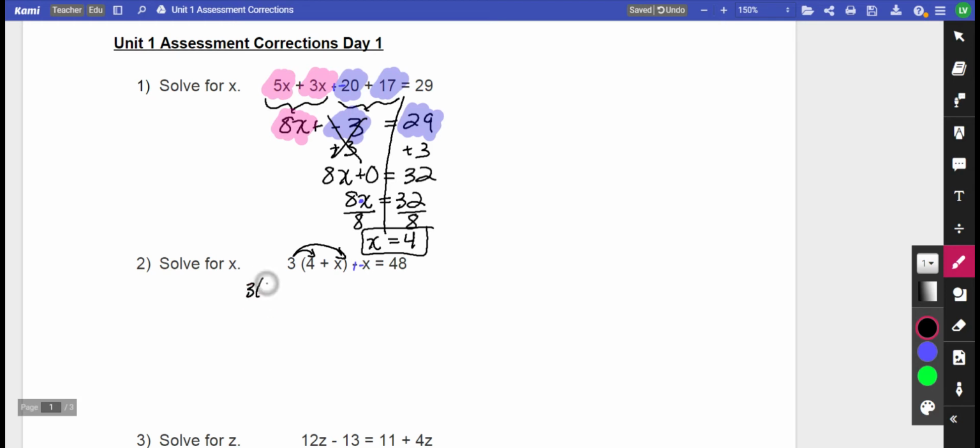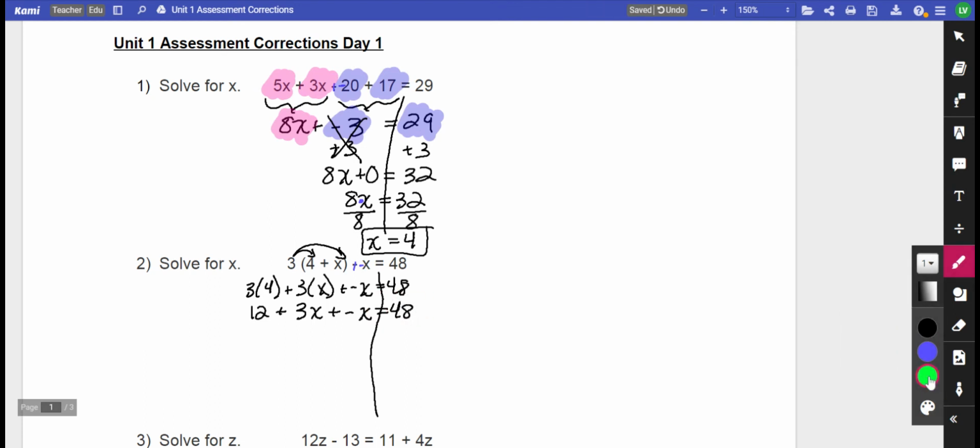This becomes 3 times 4 plus 3 times x plus negative x equals 48. From here, I'm going to extend my equal sign. Then I'm going to simplify. 3 times 4 is 12, plus 3 times x is 3x, plus negative x equals 48.